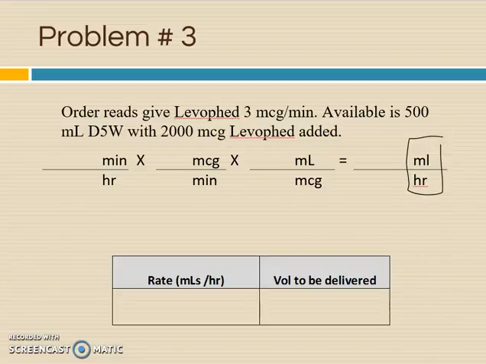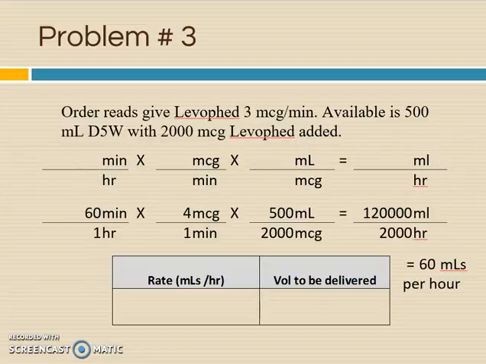So you look at mils, and you have mils per microgram right here. Then you have micrograms per minute, and minutes per hour, which of course you know is 60. And so then we cancel, and we end up with mils per hour.